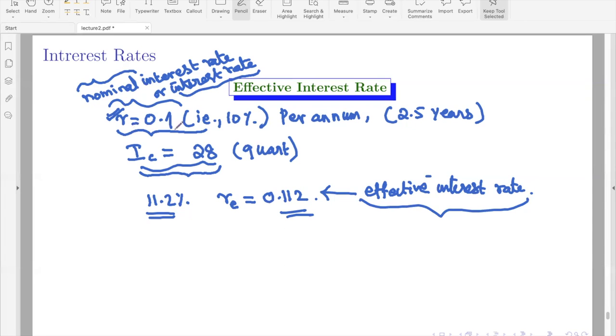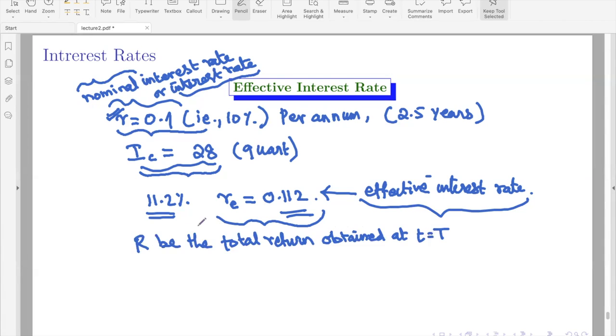But if you want to refer to this effective interest rate, we always say effective interest rate. So given all the relevant parameters, how to calculate the effective interest rate? Let R be the total return obtained at t equal to t. That is, in our example, it was 28, because we gave 100 rupees and we got 128. Therefore, the return was 28 per annum. Then R can be written as P of t minus P of 0 divided by t.